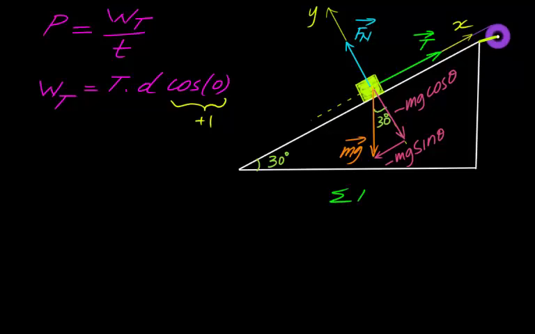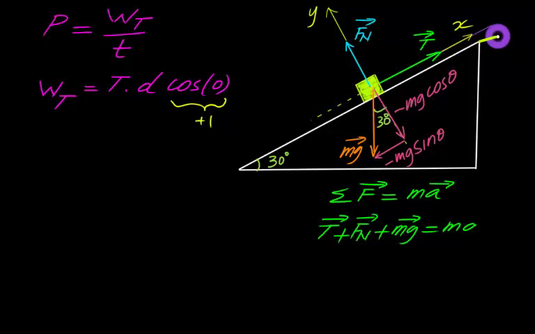The sum of the forces acting on the system of interest, which is the trolley, equals the mass times acceleration. There are three forces acting on the trolley, which are the tension, the normal force, and the mg. All of them equal the mass times the acceleration. Along the x component, we have a positive tension T. We have no normal force because the normal force is lined up with the y-axis only.